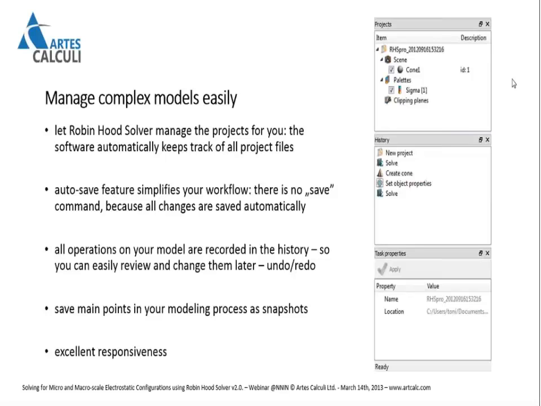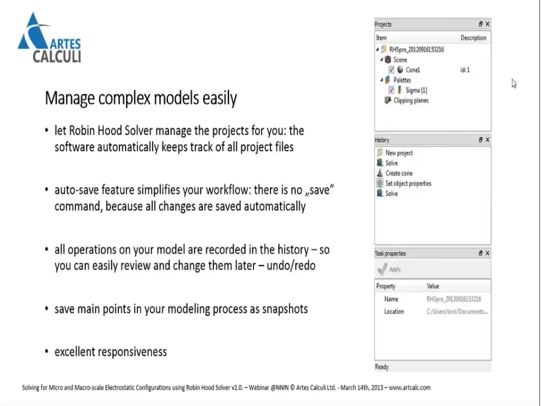Also, all operations on your model are recorded in the history, and you can easily review and change them later. So what does this mean? For example, when you start creating your electrostatic model, you create an object, let's say a sphere of certain dimensions. And later on, you decide that you really want a larger sphere than the one you created.